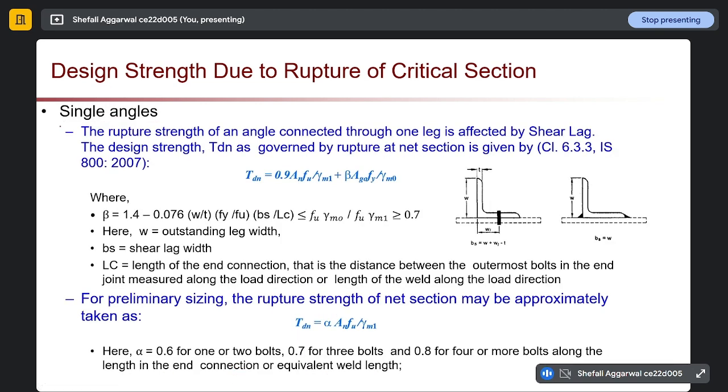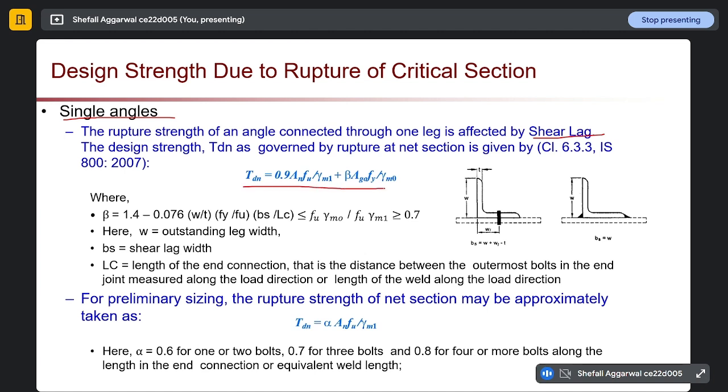Other things which can be designed as tension members are single angles. If we are using a single angle section, the rupture strength of the angle connecting through one leg is affected by shear lag. The design strength TDN is governed by rupture at net section area.